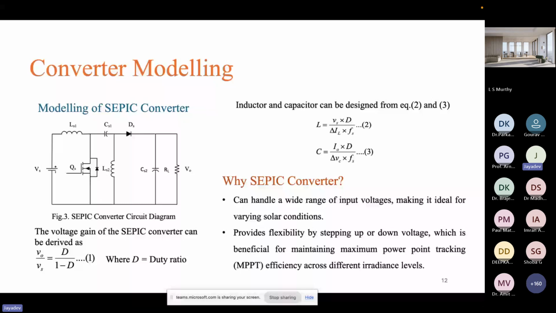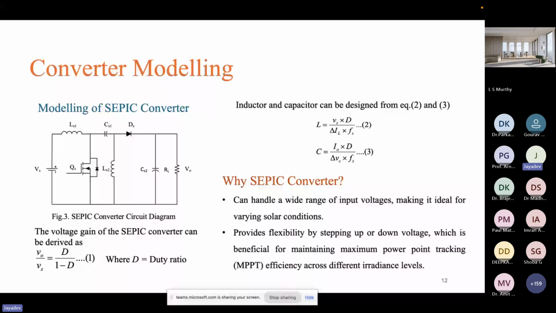Once we decide the output voltage and the input voltage, meaning our solar module and the DC link voltage are known to us, the input and output voltage are fixed. Then you have to decide a switching frequency at which you want to operate.